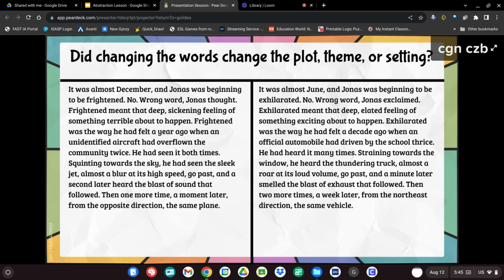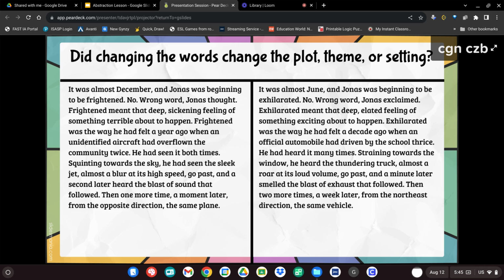Jonas was beginning to be frightened. He was explaining something that had really scared him. But in this second story, it was something he was really, really excited about. So think about what that change meant to his community.